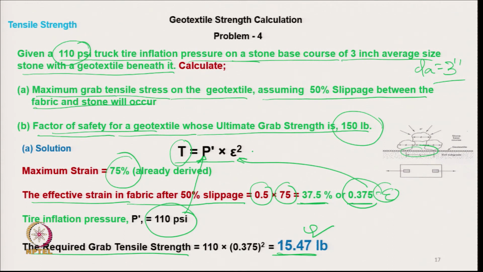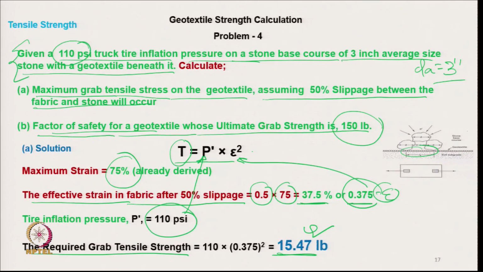Okay. But what have we got? We have got a material with grab strength of 150 pound. But in the given condition we need a material with a grab strength of 15.47 pound. Now we have to calculate the factor of safety.